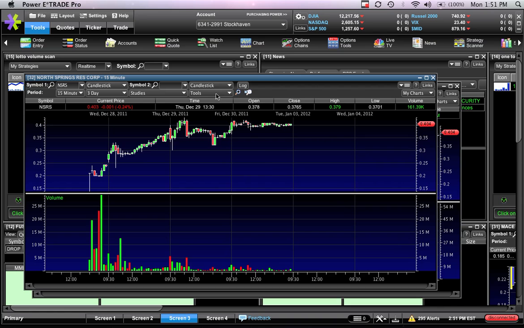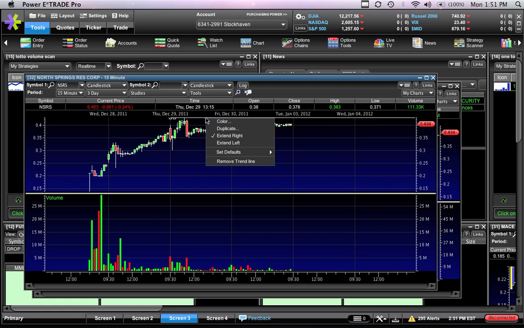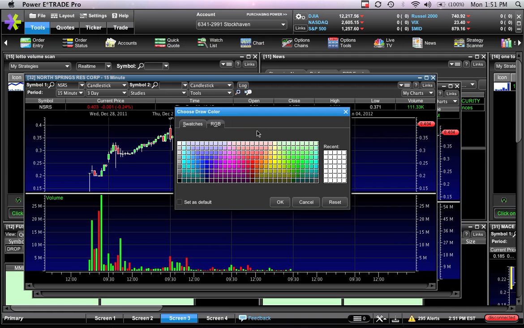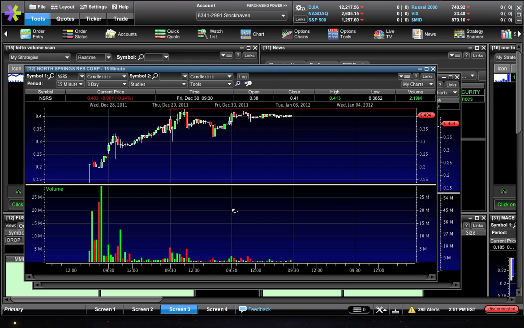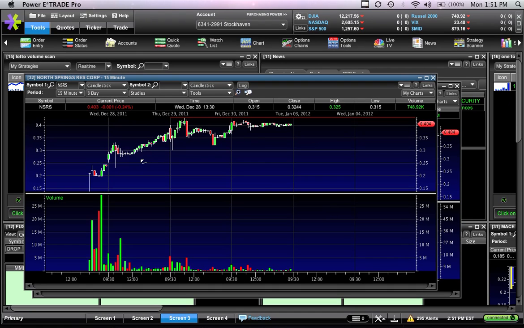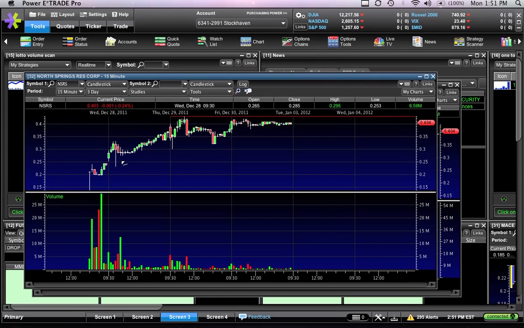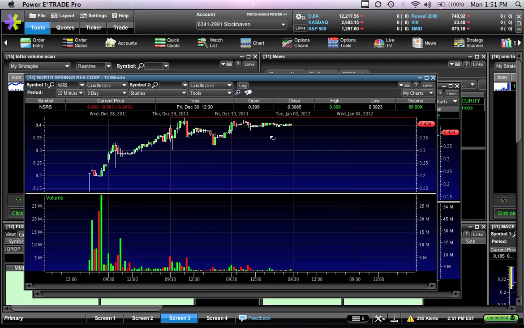So the next step, the most obvious point of resistance to map out for this chart is that high at 43 cents. We're going to go ahead and color this red, representing resistance. Now, when you have higher lows, you have an uptrend in place, which is what this is.